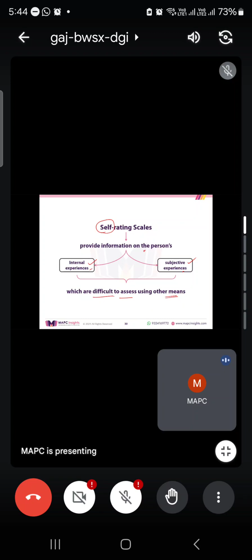So the best one is the self rating scale. This should be used in addition and subsequent to other assessment techniques. It is not that you use self-assessment rating alone. You are using it additionally to interview and questionnaire.